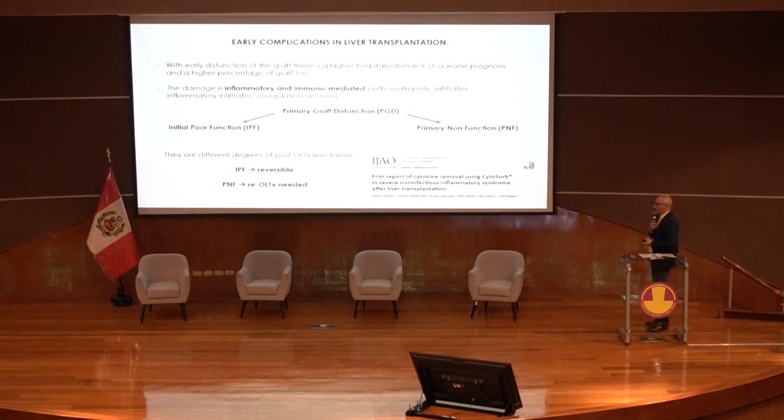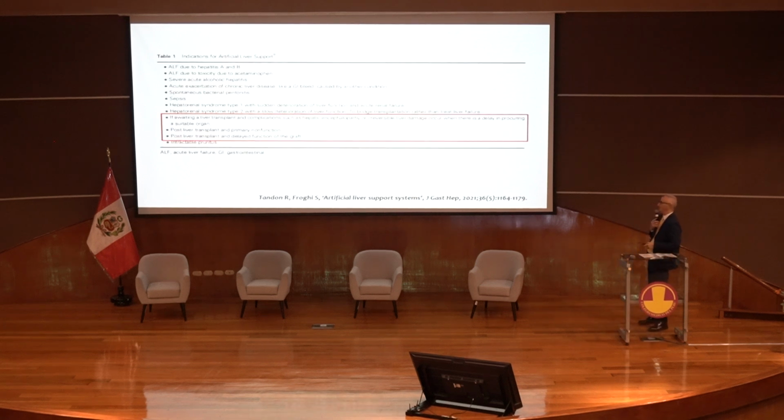So we have some papers that use this kind of absorption after the transplantation to avoid the retransplantation of the patient, removing the cytokines and the toxins after the transplantation of the first graft.